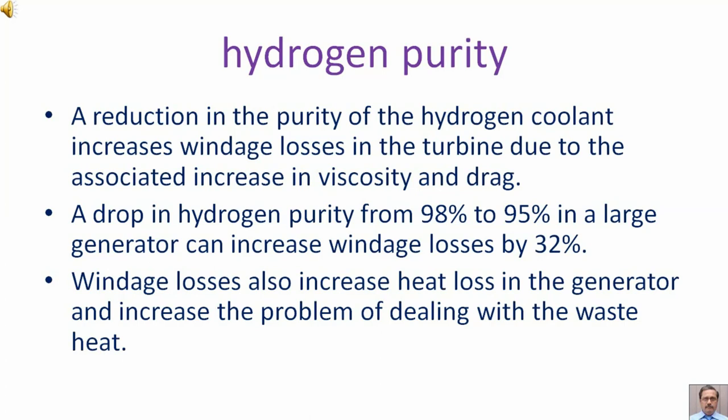A drop in hydrogen purity from 98% to 95% in a large generator can increase windage losses by 32%. Windage losses also increase heat loss in the generator and increase the problem of dealing with the waste heat.